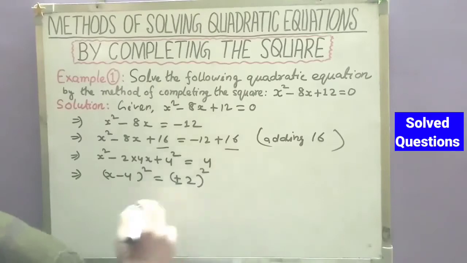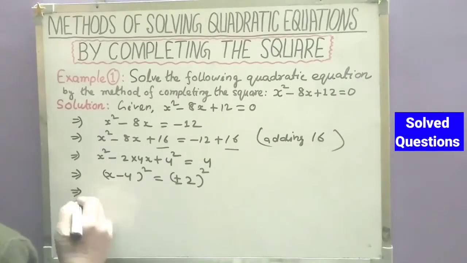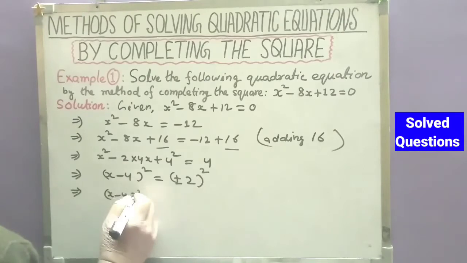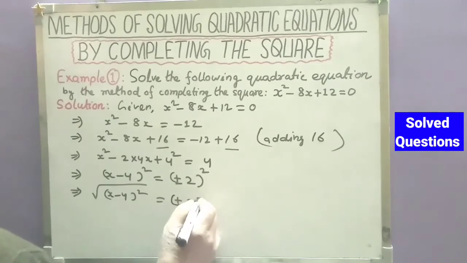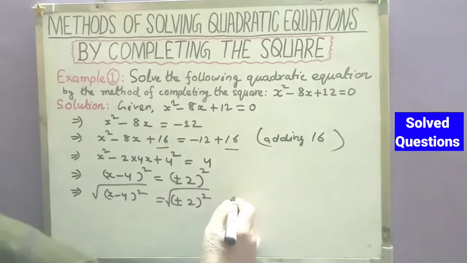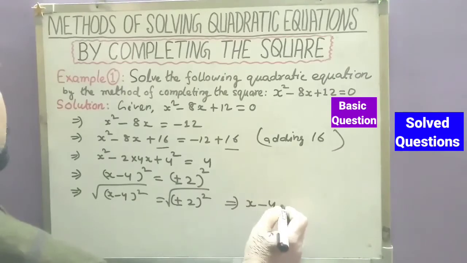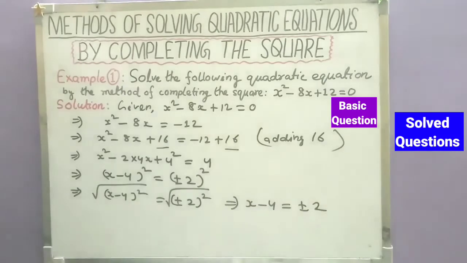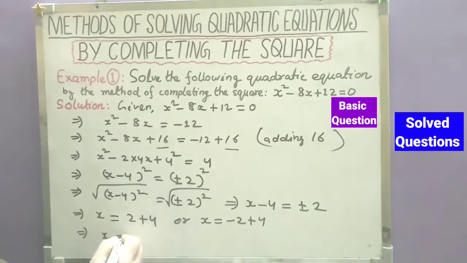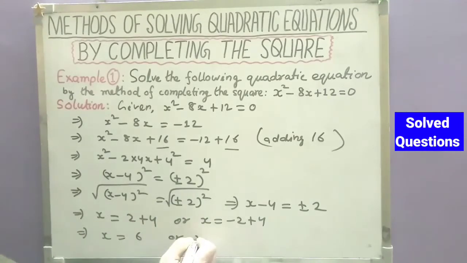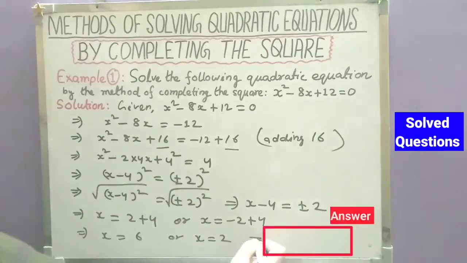Now, taking square root of both sides, we have x minus 4 equal to plus minus 2. That implies x equal to 2 plus 4, or x equal to minus 2 plus 4. That implies x equal to 6, or x equal to 2.